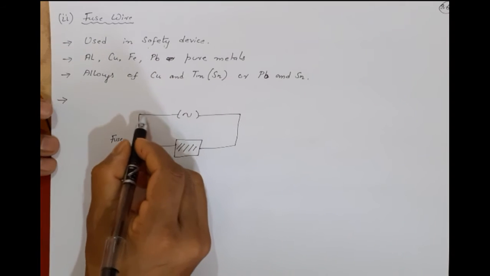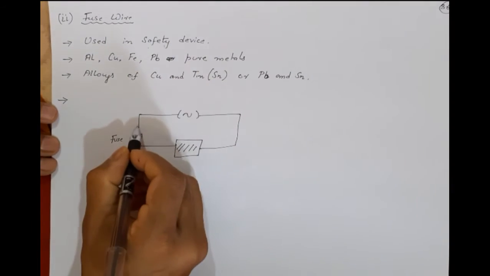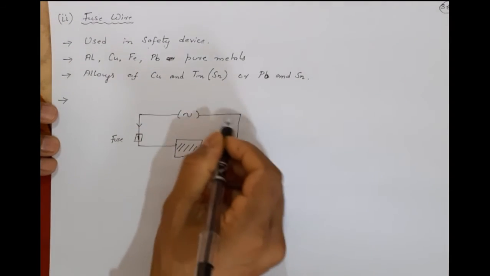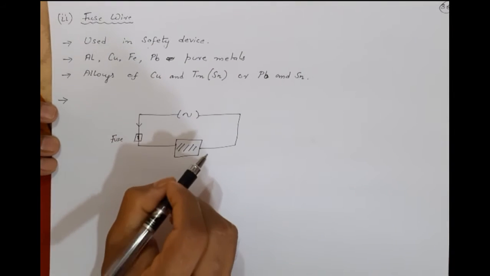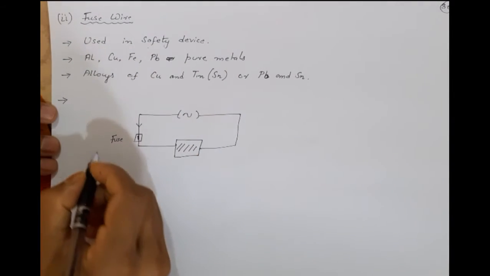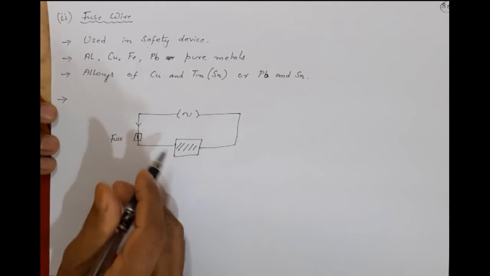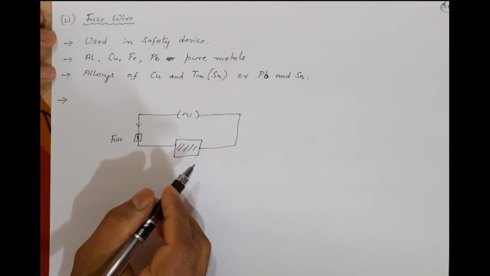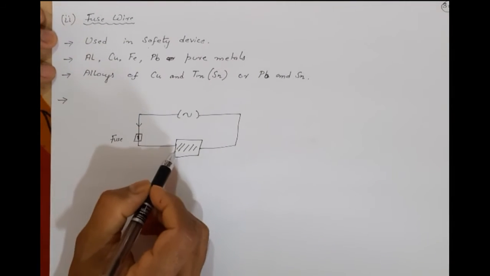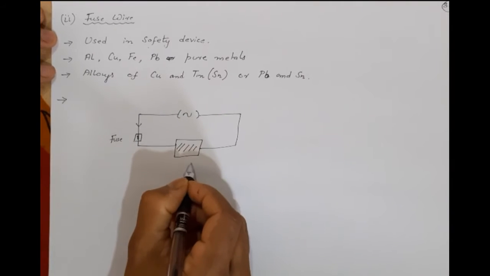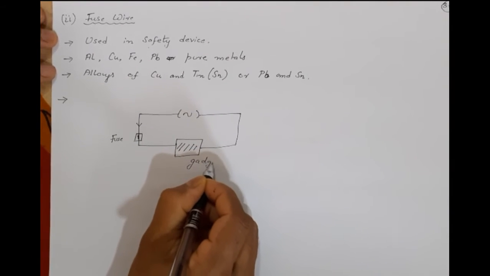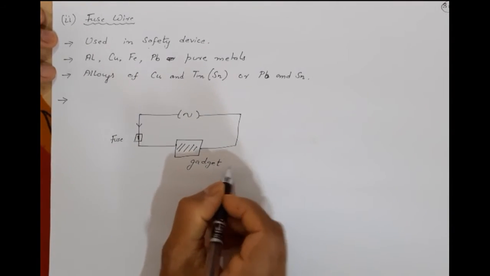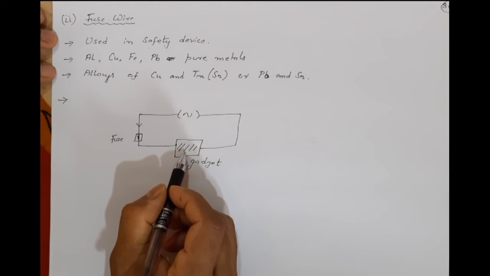A normal wire, like what we use in our homes, will carry the current and heat up, but nothing will happen. When suddenly a very high current comes, due to some fluctuations or whatever, this gadget may get damaged.